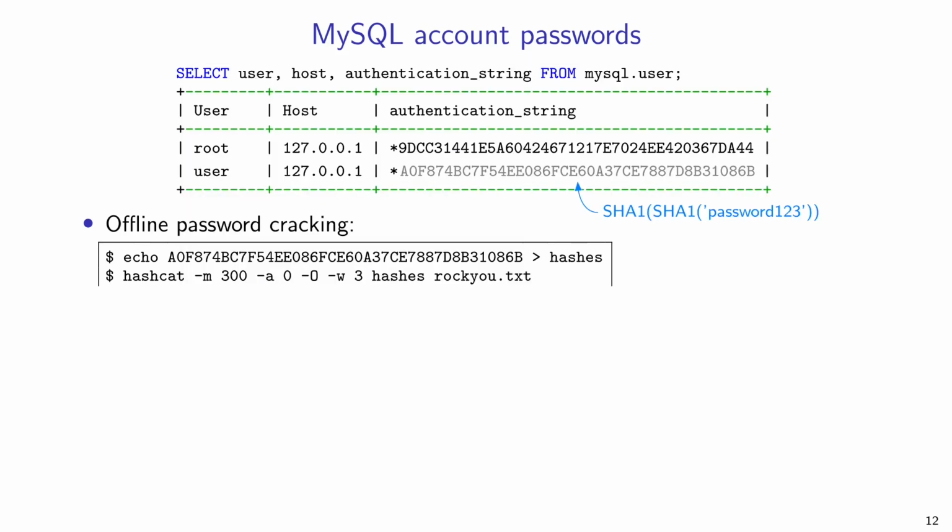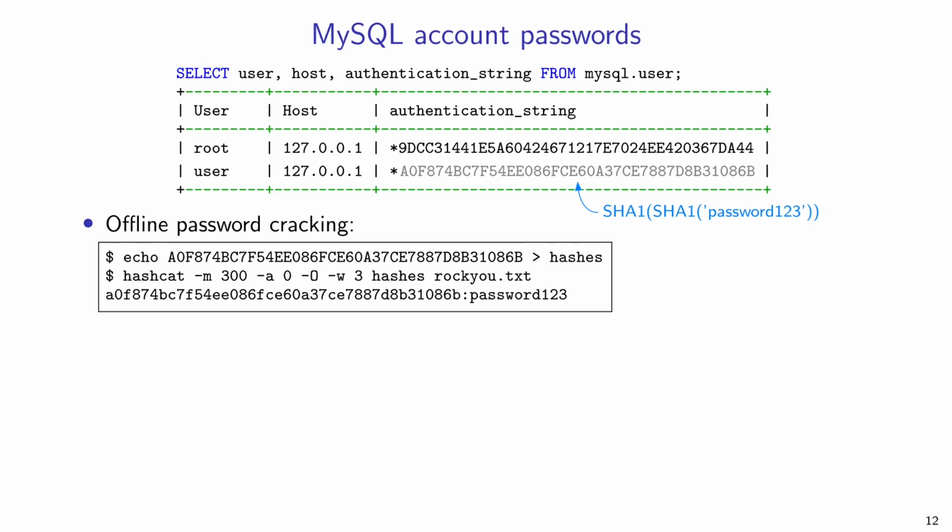To speed up the cracking process, Hashcat can use GPU if a supported graphics card is available on the computer. Anyhow, it takes less than a second to find the corresponding plaintext password for this hash value. Usually, if an attacker has access to the MySQL user table, the attacker can likely read any data from the database anyway.